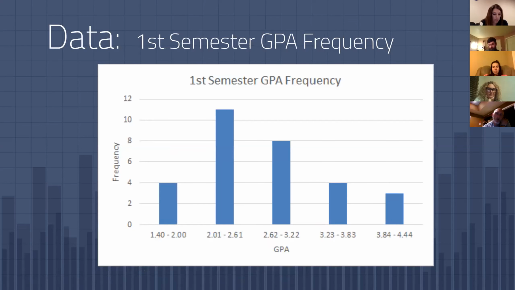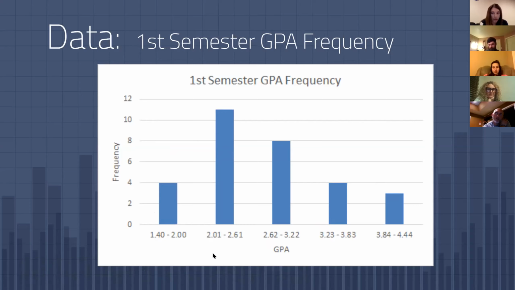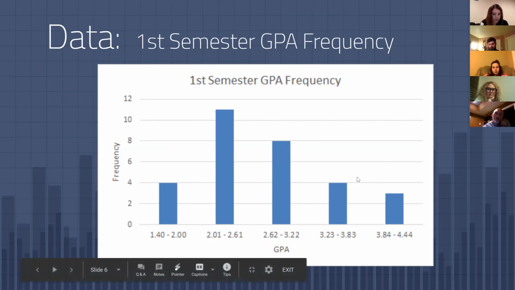But in comparison to that, and looking at GPA ranges, my assumption from the frequency of attendance was that GPAs would be a little bit higher in correlation with that, and I did not find that. You can see the majority, 11 students, fell in the range of 2.01 to 2.61 in terms of their GPA.